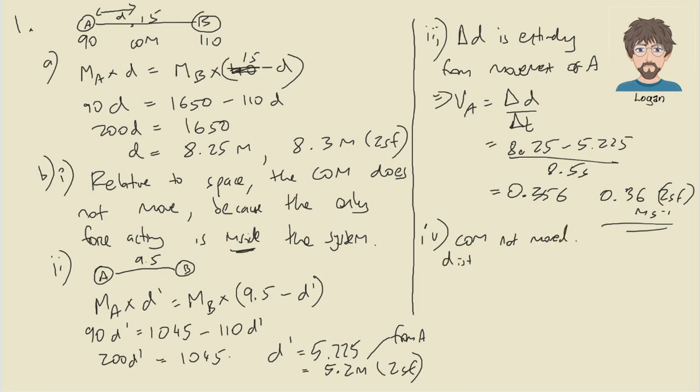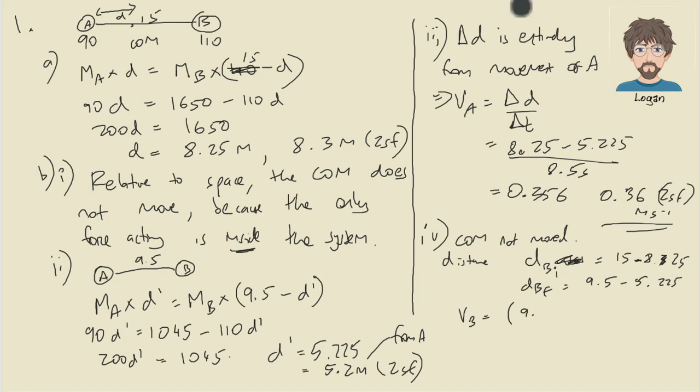So dB initial equals 15 minus 8.3. dB final equals 9.5 minus, actually I want to use 5.225, and VB equals the difference between those.